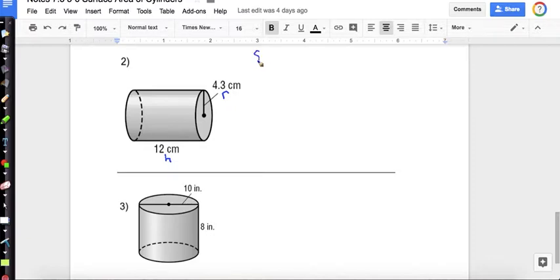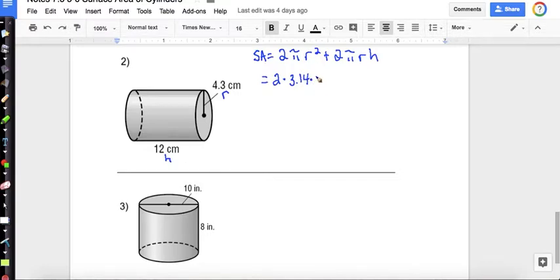Okay, first step after you label, or actually the second step after you label, is to write the formula. 2 pi r squared plus 2 pi r h. Okay, bring down the 2. Replace pi with 3.14.